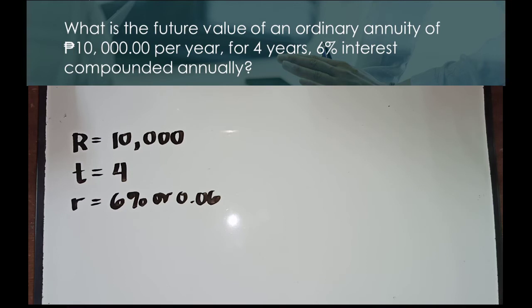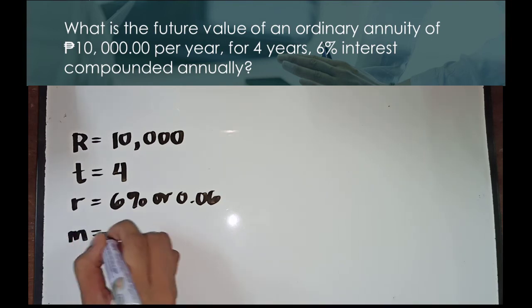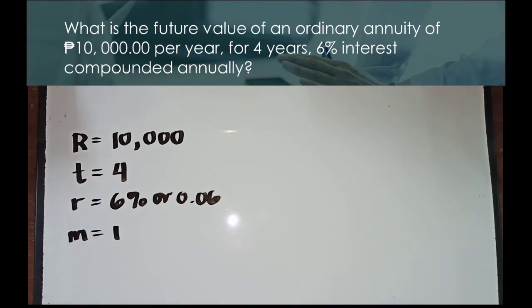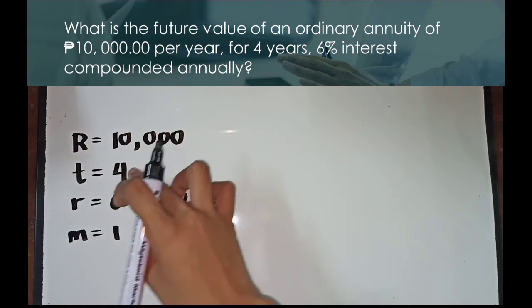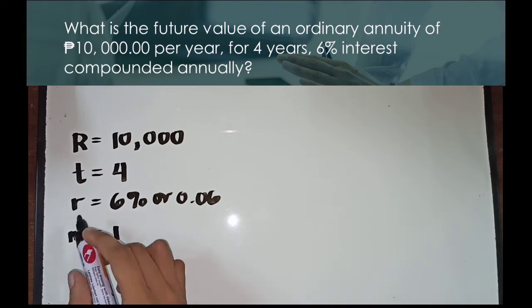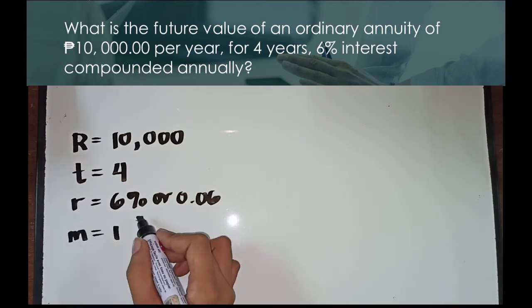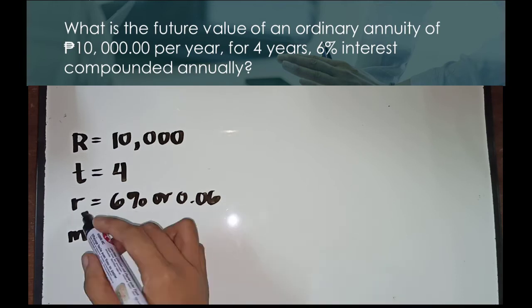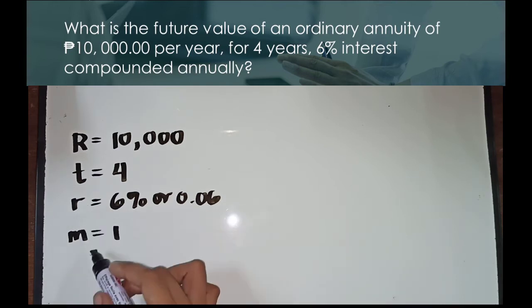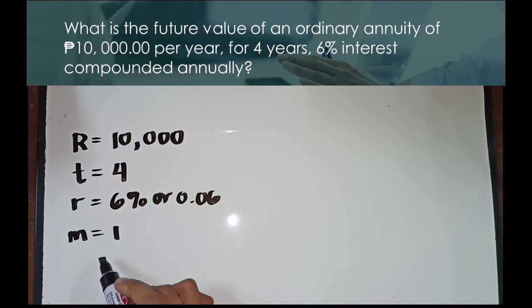Again, kung meron tayong compounded annually, the value of your M is 1. So, yung 10,000 natin, this is the repayment. Yung 4 years, this is the value of your T. And yung R natin, yung 6%, convert this into decimal, which is 0.06. This is the annual interest rate. And since meron tayong compounded annually, the value of your M is 1.